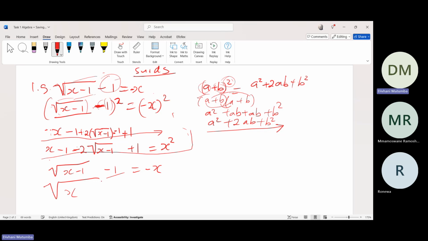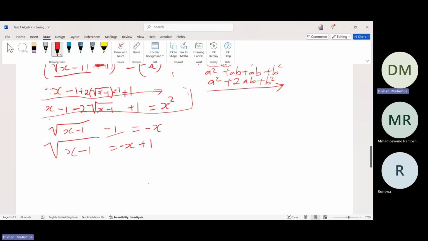Then I will be left with x minus 1 is equals to x, minus x plus 1, which is simply the square root of x minus 1, which is equals to minus of x minus 1.